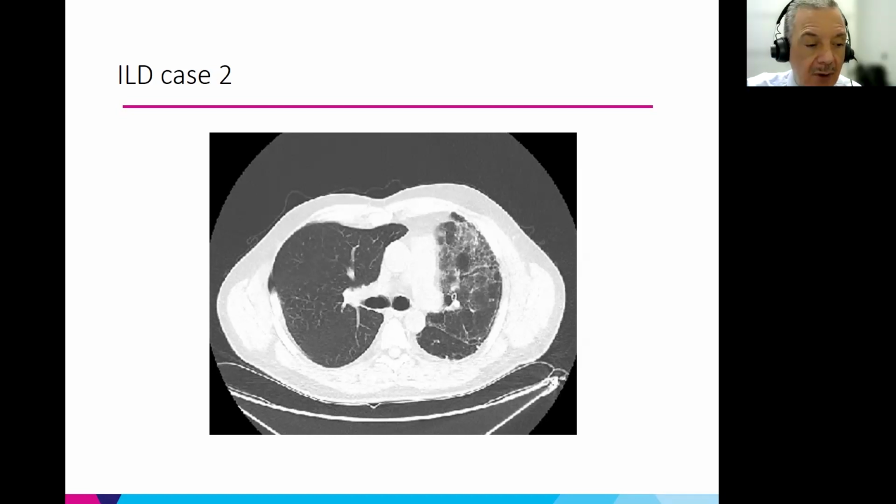What happened with the American Thoracic Society guidelines is that they are disease specific. So they have one for IPF, and they have one for hypersensitivity pneumonitis. First of all, they only cover a few, maybe 5 or 6, of the more than 200 diseases that there are.